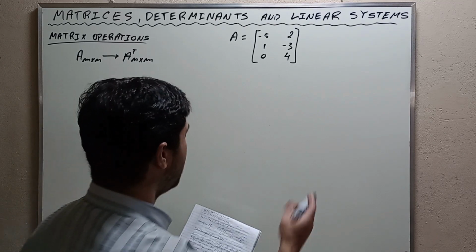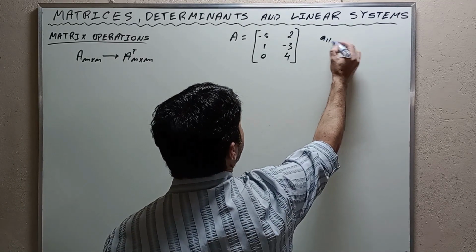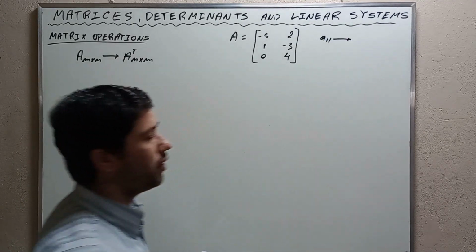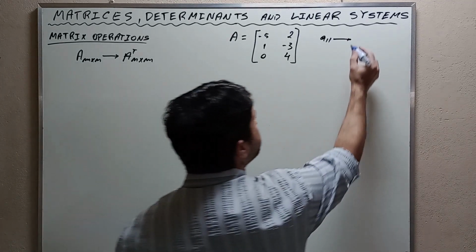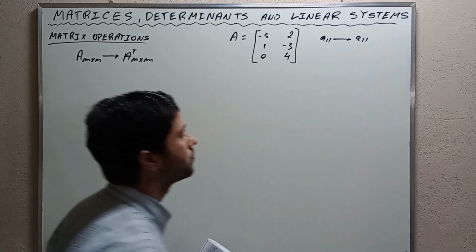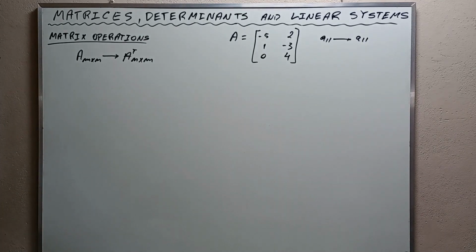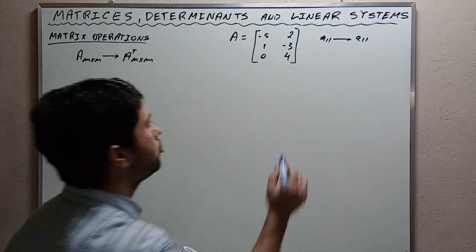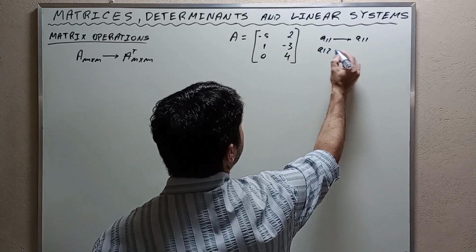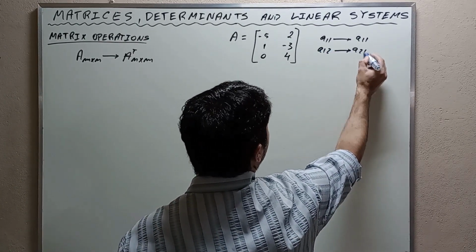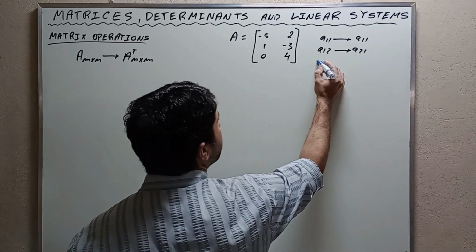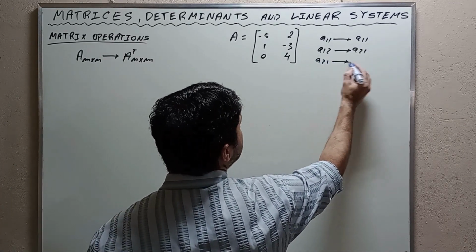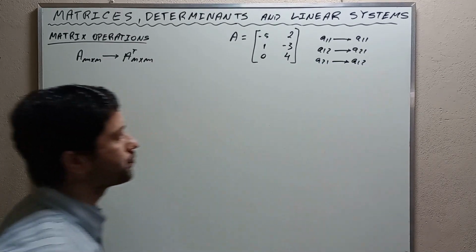Take entry A11, in the transpose it continues being A11. But how about A12? A12 becomes A21. And A21 becomes A12.